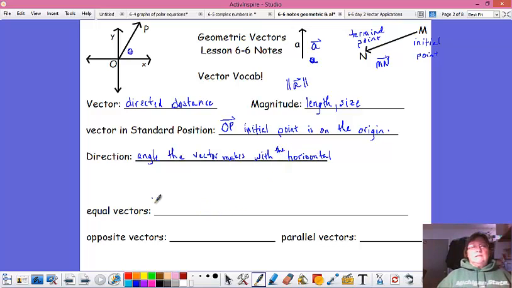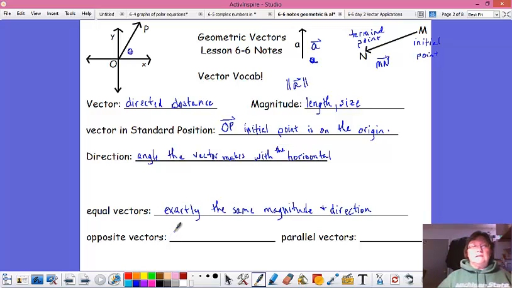All right. We're going to, again, in the vocabulary genre, talk about equal vectors. In order to be equal, 2 vectors have to have exactly the same magnitude and direction. So they have to be exactly as long as each other, and they have to be going the same way.